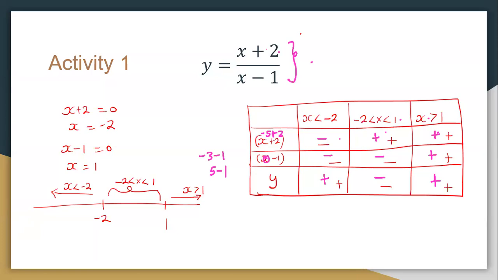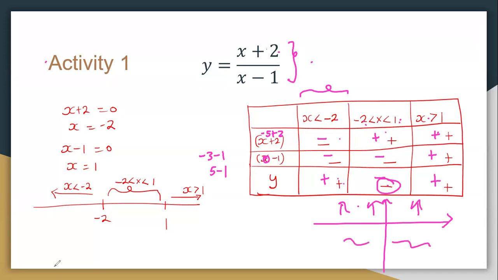You'll find that for any value less than negative 2, your curve is going to be above. Sorry, for positive, it is above. Where you have negative, it is below. So in case you have your x-axis, this is our y and this is x. For positive, your curve is expected to be above this side. Negative, your curve is going to be below.